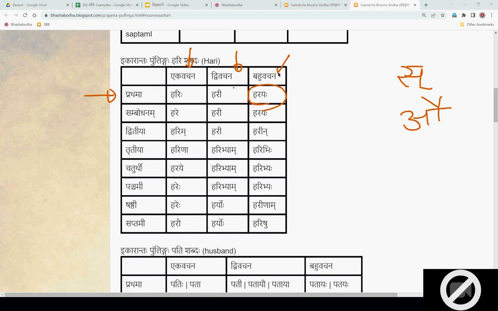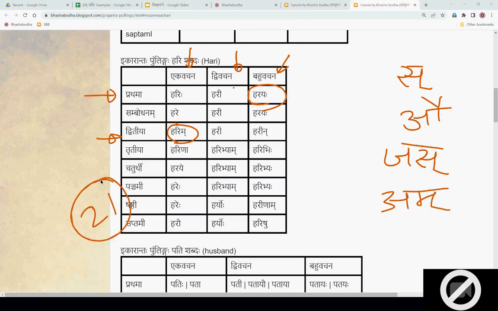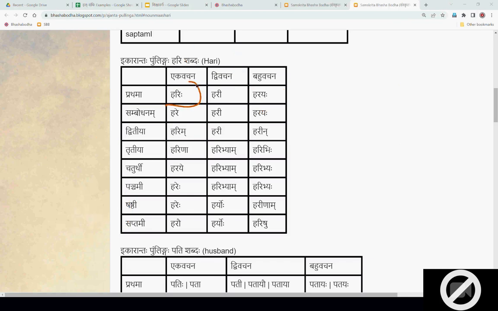For the third one, plural, we have to add something different. And for dvitiya, second declension, we have to add something different too. So there are 21 different suffixes, but right now we are studying only the example of the first declension and singular form.